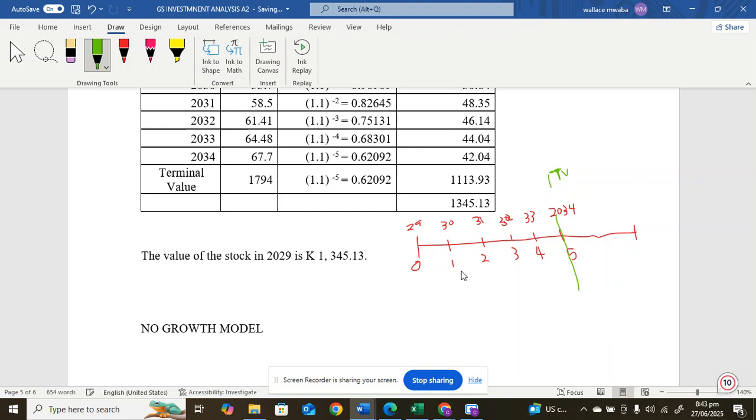So we have to discount the dividend for 2030 back to year 0, and likewise for 2031. All these dividends and the terminal value, we have to discount them back to 2029.